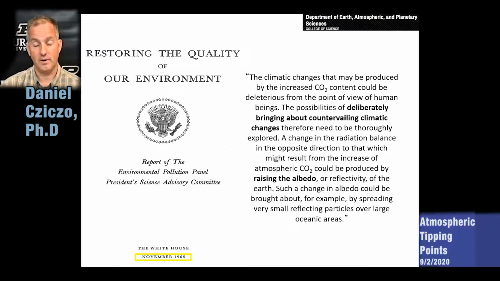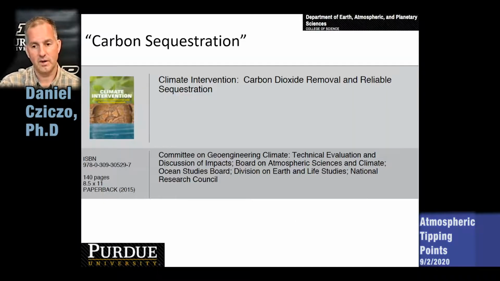This report has a number of ideas in it, some of them realistic, some of them unrealistic. But what we've come up with in the modern day is that there are a couple of paths forward to removing that CO2 from the atmosphere. And again, you can imagine that even in the modern day, some of them are realistic, some of them have side effects, and we'll talk about those in the next few slides.